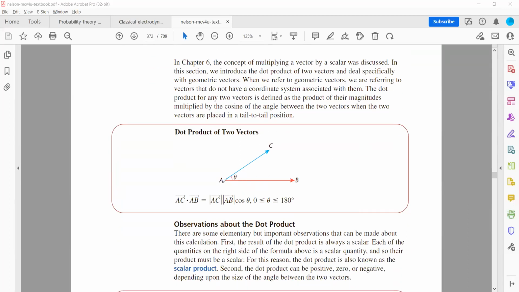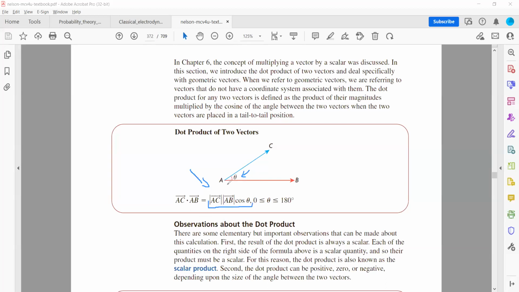Here you can see that we have vector AC as well as vector AB, which are positioned tail to tail, and we can see that they have angle theta between them. The dot product is also known as the scalar product, because all the quantities on the right-hand side of this equation are scalars.